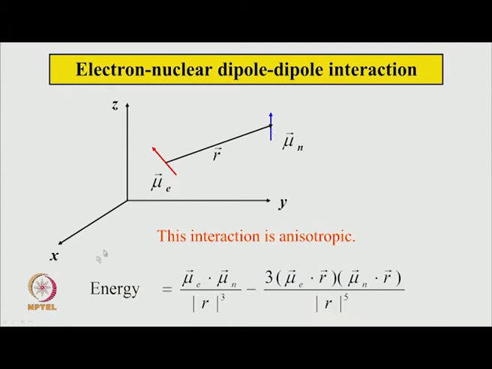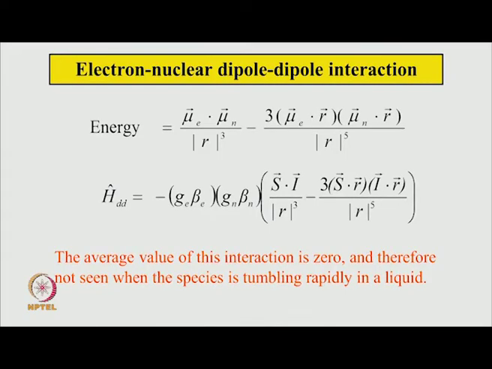The energy is given as this. So, it not only depends on the magnitude of the dipole, but also the distance between them and the orientation of mu with respect to r. Therefore, this interaction is direction dependent, and we call it an anisotropic interaction. Now, what will be the corresponding operator for this?